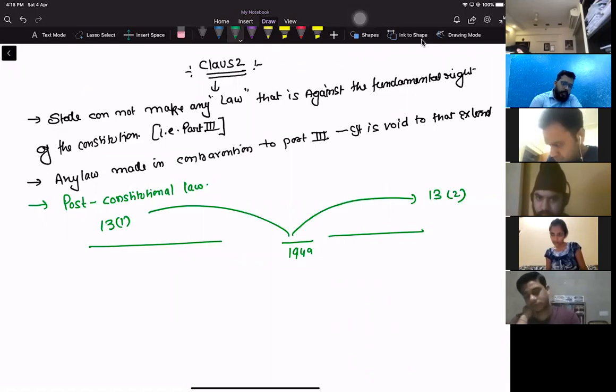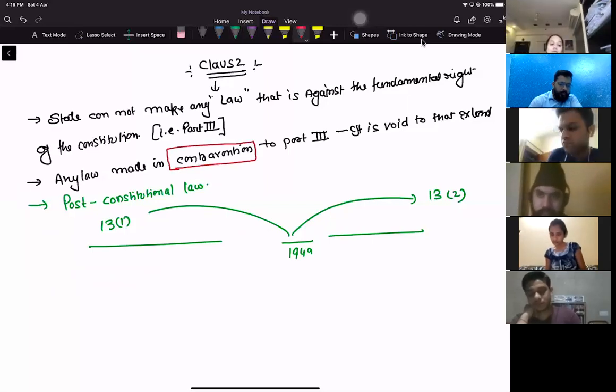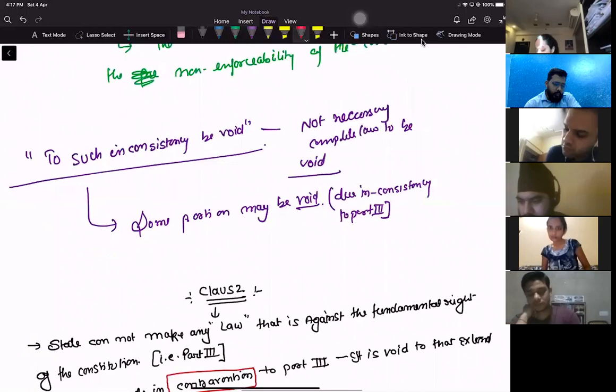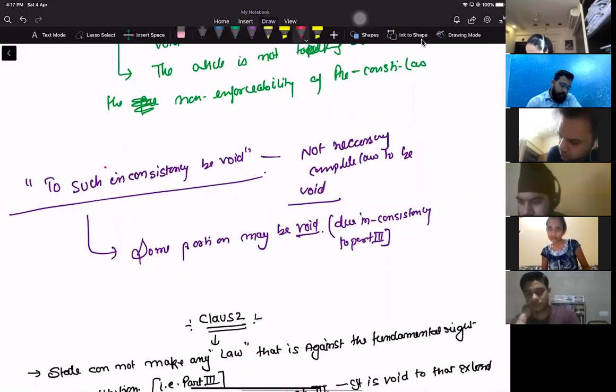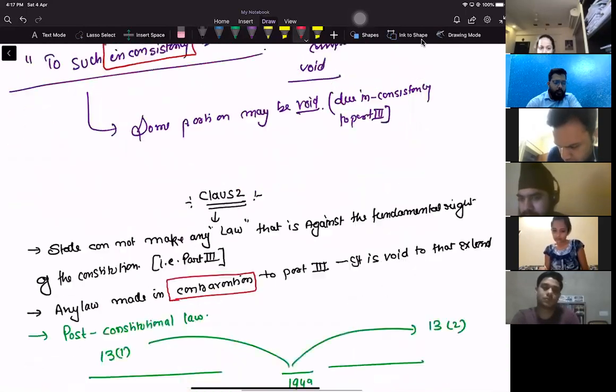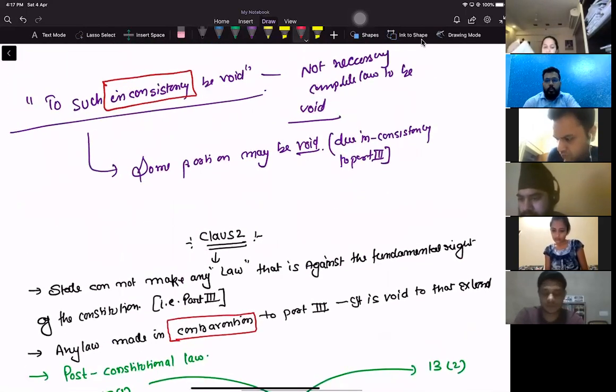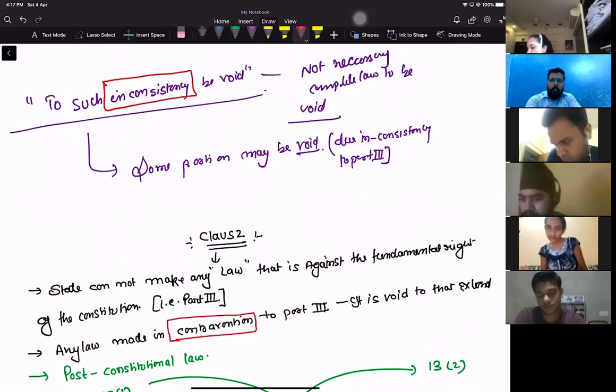You will see one thing, which came up in general discussion, so I will discuss it right now. If you see, they use the word contradiction in clause 2, whereas they use the word inconsistency in clause 1. You can see they are using two different words. Why are they doing this?